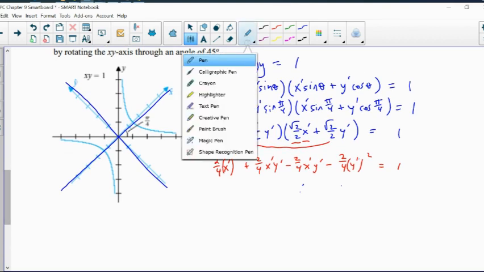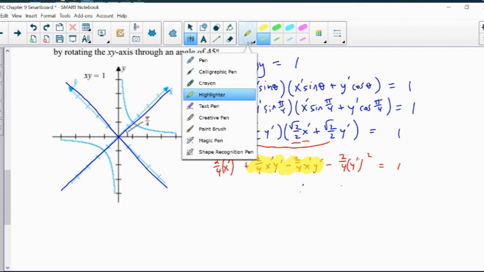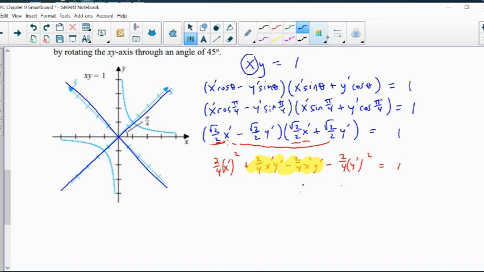And as promised, these middle terms cancel. The x prime y prime terms cancel. So when I rewrite this very nicely, it's going to be 1/2 x prime squared minus 1/2 y prime squared equals 1.